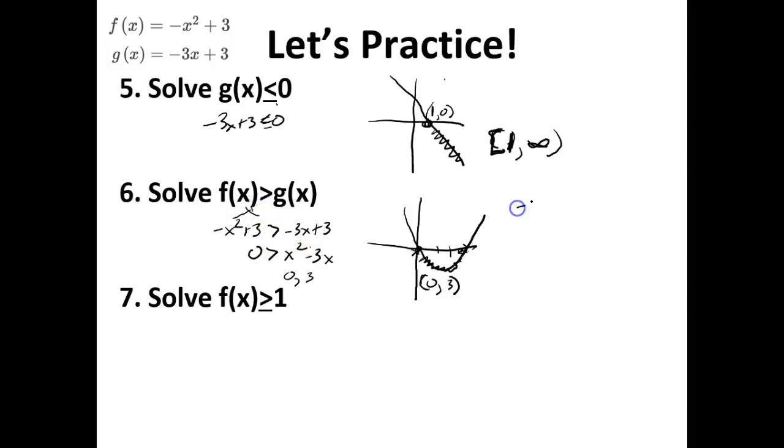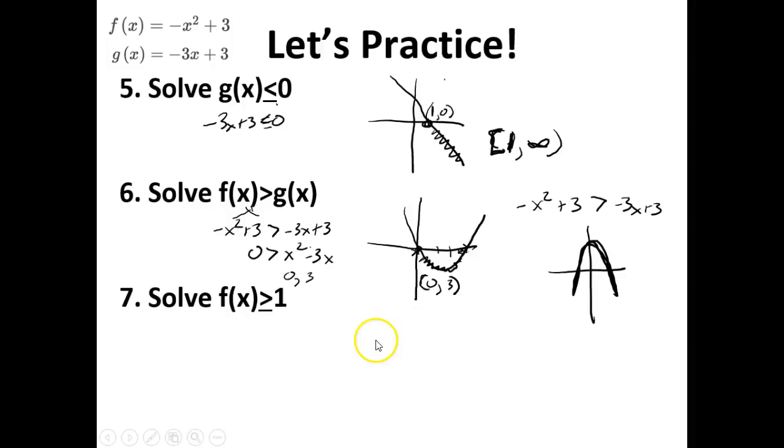But this parabola came from this inequality right here: negative x squared plus 3 is greater than negative 3x plus 3. If I do negative x squared plus 3 in black, that's a parabola that's upside down, faces down, shifted up 3 units, which is going to look something like that.